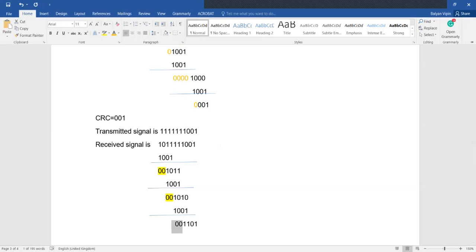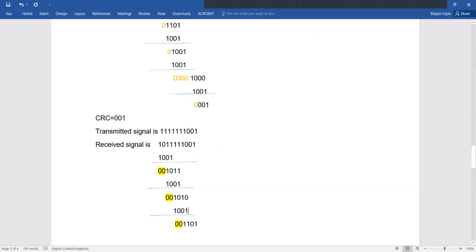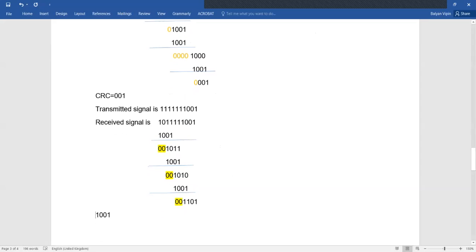So now again, if you use this, again 0, then 1, then 0, and then 0.